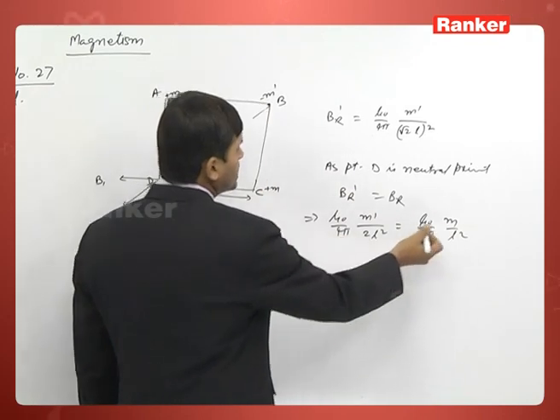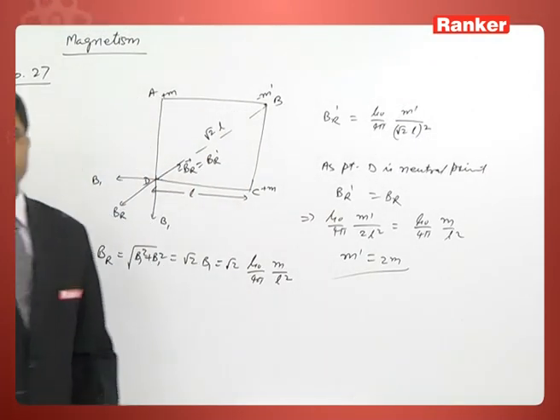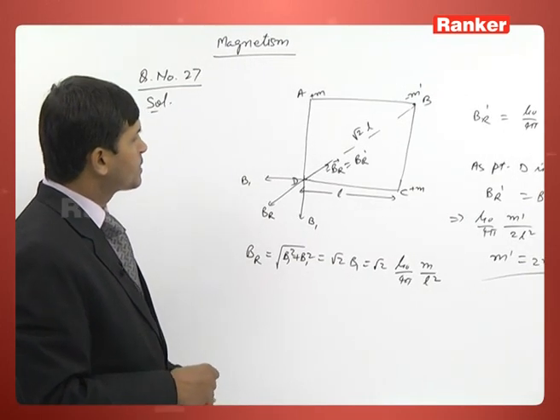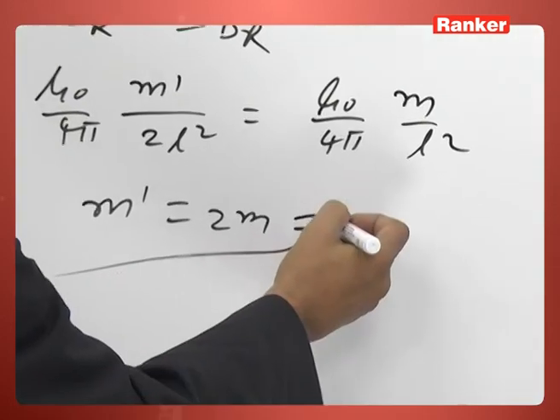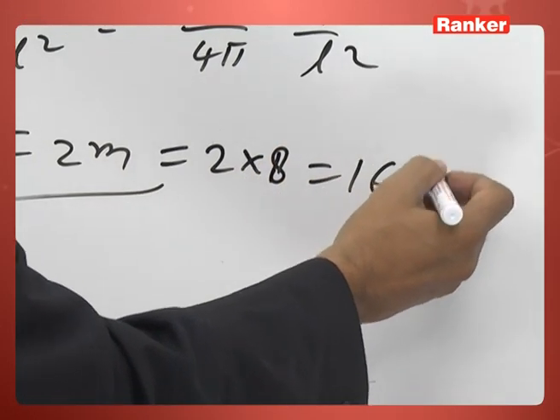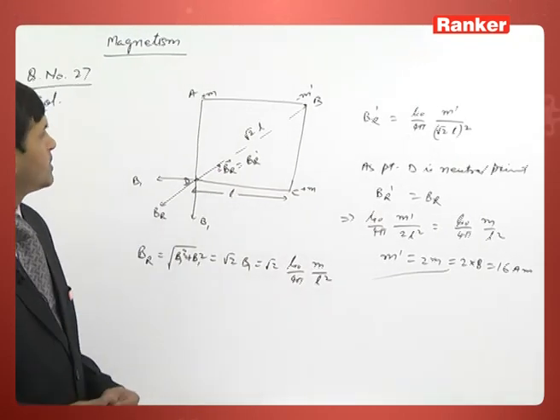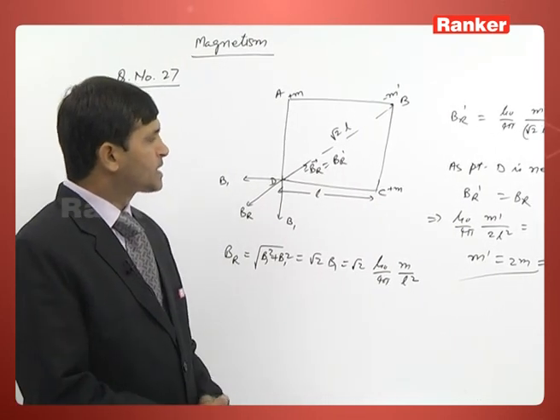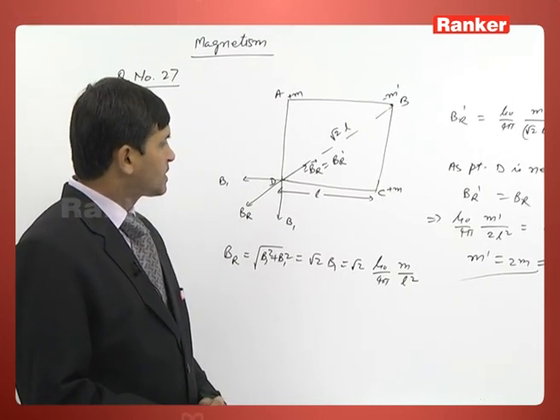Now when we substitute the values, M dash is 2M. So the pole strength of B must be 2M, and M is given here as 8, so 2 into 8 is 16 ampere meter. So the pole at B should be a south pole and the pole strength will be 16 ampere meter. So this is the correct option.